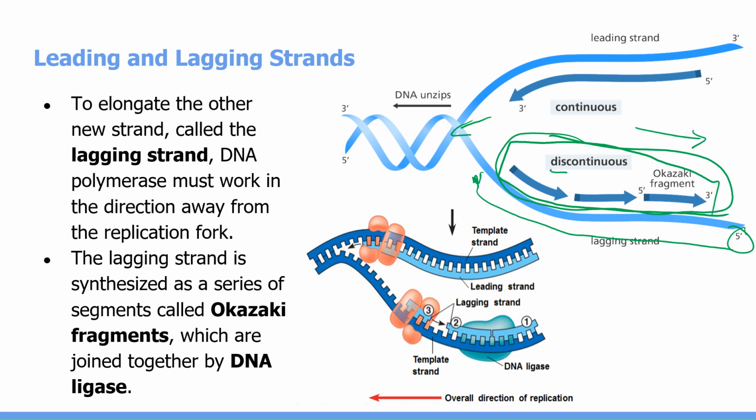This is discontinuous and in fragments. These fragments have a name. The name is Okazaki fragments. That's one of the rare times I would say the scientist's name. And in order to make it look continuous, there's an enzyme, DNA ligase, that glues these fragments together.